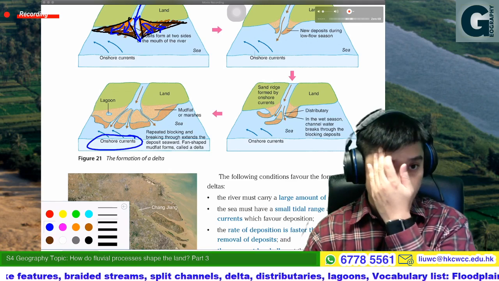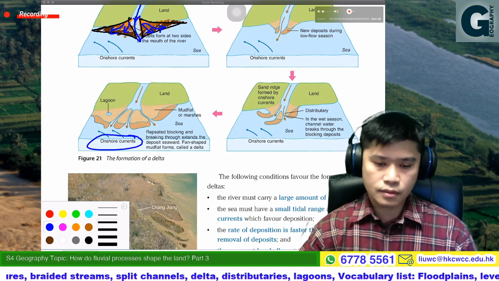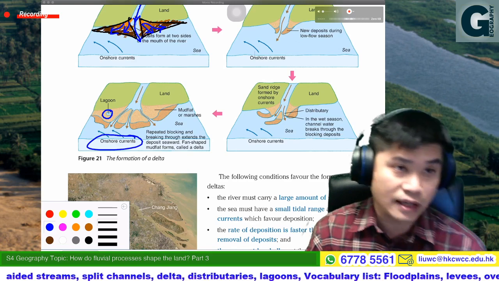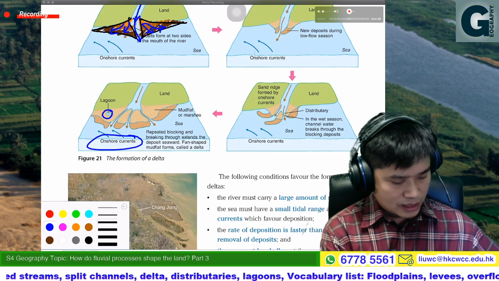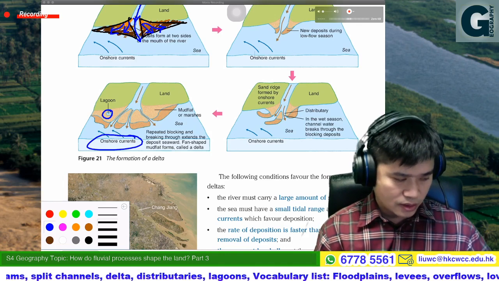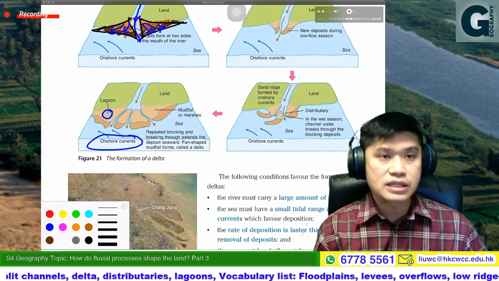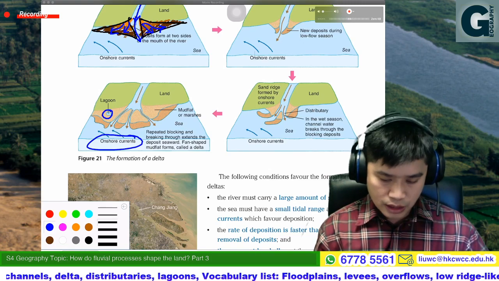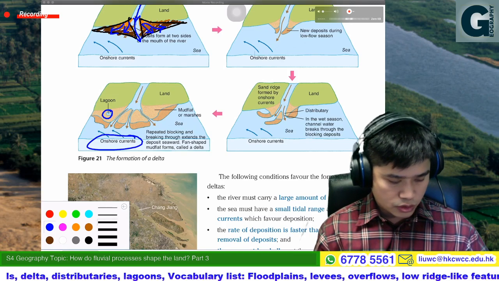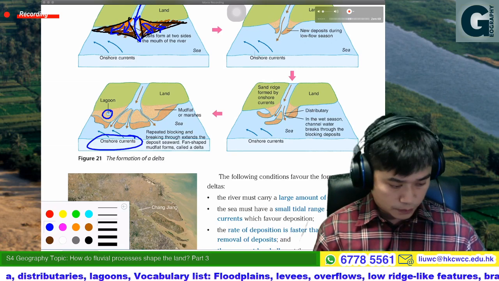I will explain this when we talk about the rate process. And you will see a small lake built inside the delta, separate from the river, separate from the sea. This is what we call the lagoon, 瀝湖啦. I'm not going to explain what the lagoon is at this moment.